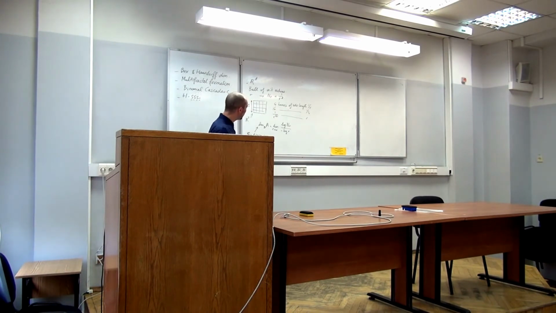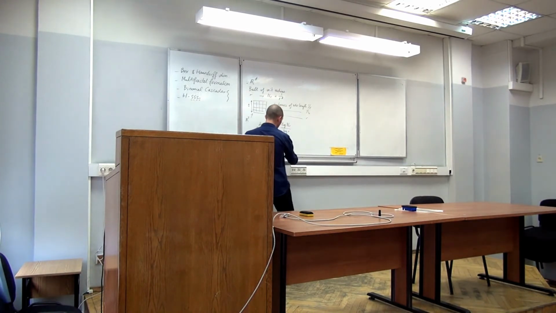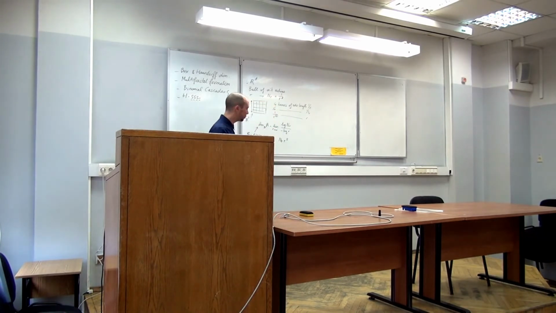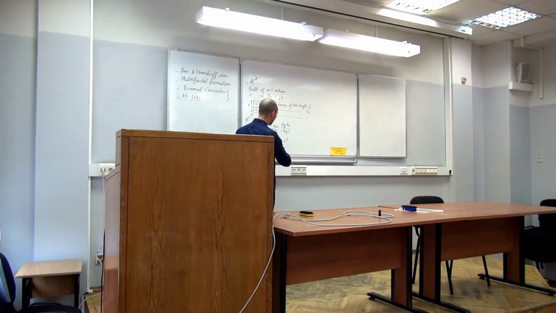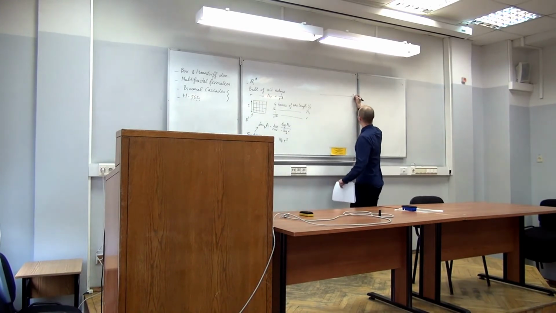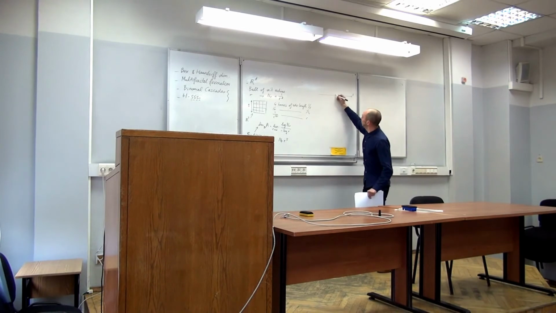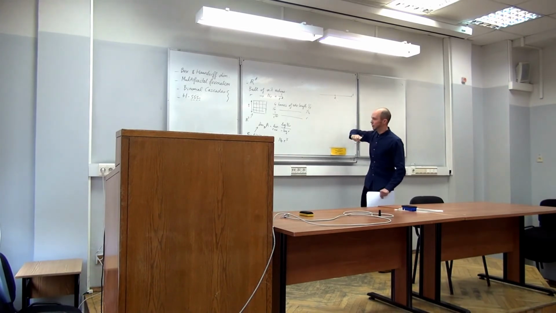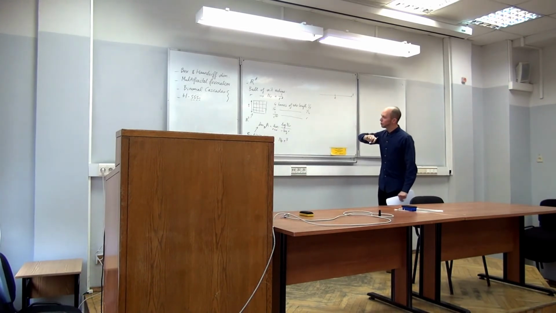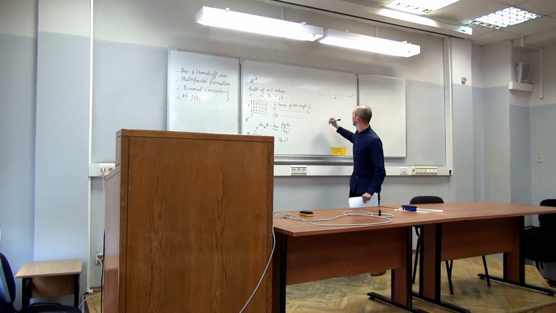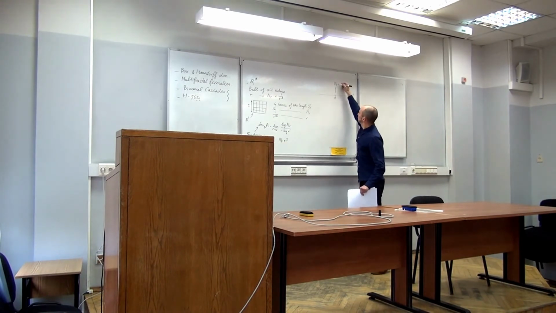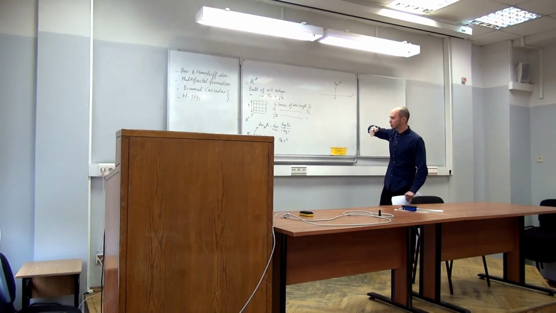Okay, another interesting fact about this thing here is the behavior of N(R) times R to the power S for some other exponent S. So, for example, when S equals D, the actual box dimension, you can see that the product N(R) times R to the power D is roughly constant. Okay?